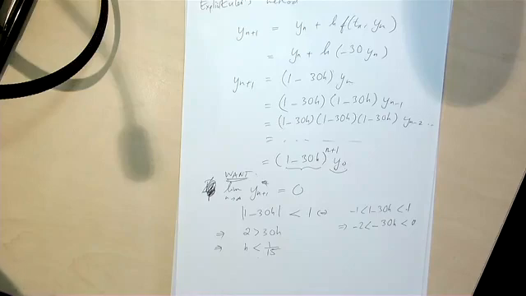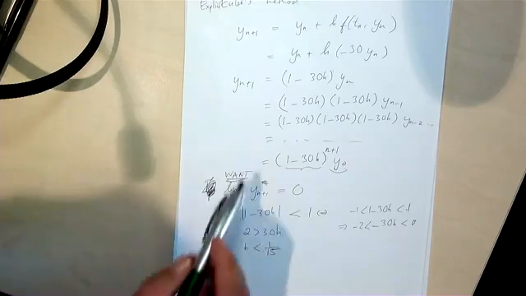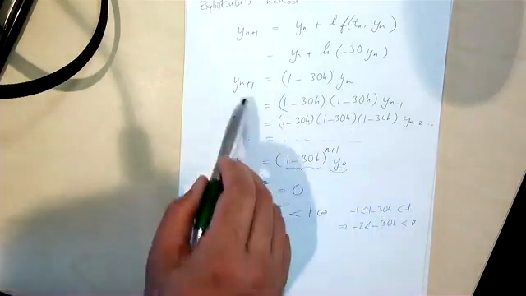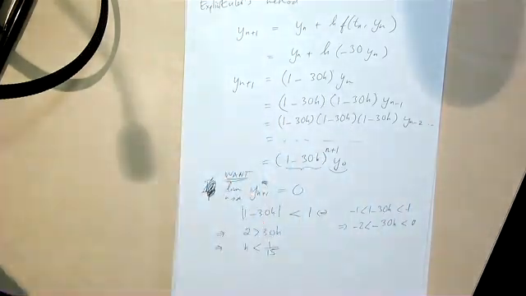So this n is correct, because in our case it's y n plus 1, and that's why we have n plus 1 here. That's still correct. And now you have to solve this, and h has to be less than 1 over 15.